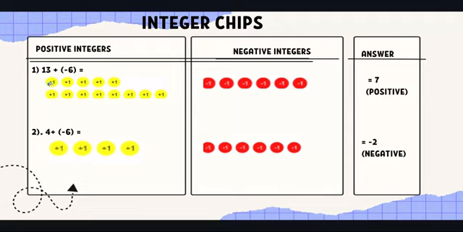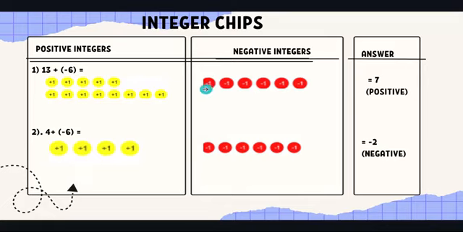So 13 positive, 6 negative. 1, 2, 3, 4, 5, 6. I would cancel those 6 out. I'm going to take those 6 away because if I match a positive and a negative, I make a 0 pair.